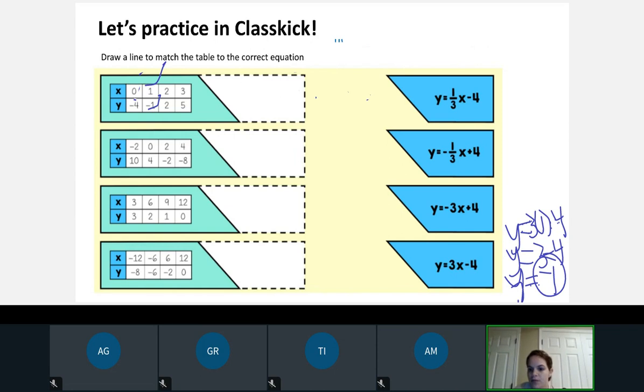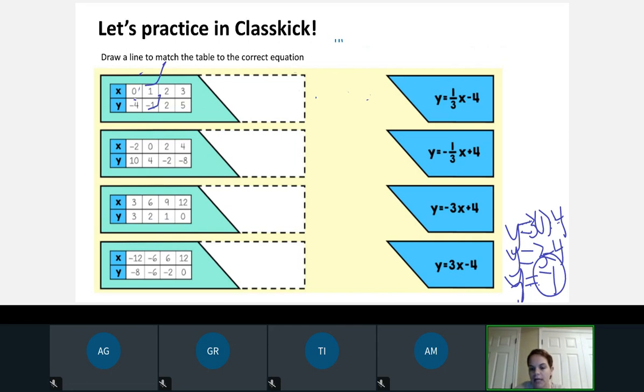Okay, Meg, can you tell me what you're confused about? How to do it with the equations already given to us.